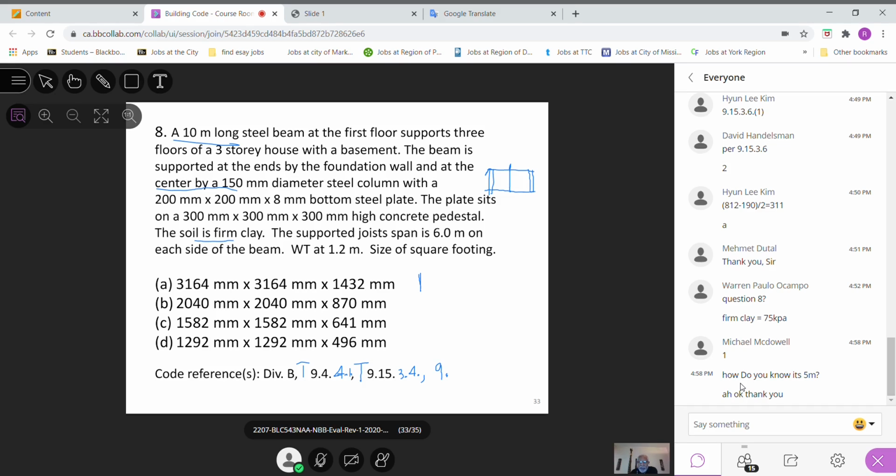Okay, so I go to 9.15.3.7. It tells me that the table is limited to spacing of 3 meters. So I have 5 meters, so I go to 9.15.3.7 bracket 1, and it tells me I have to do what?